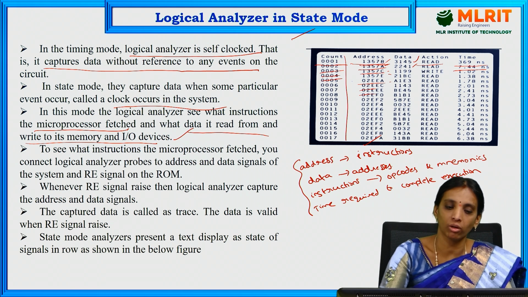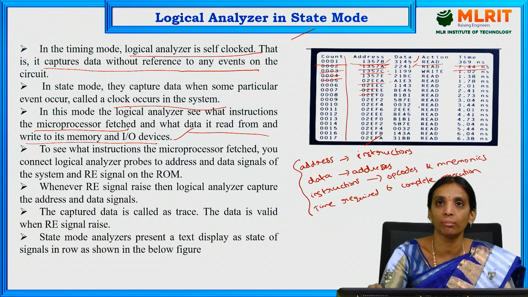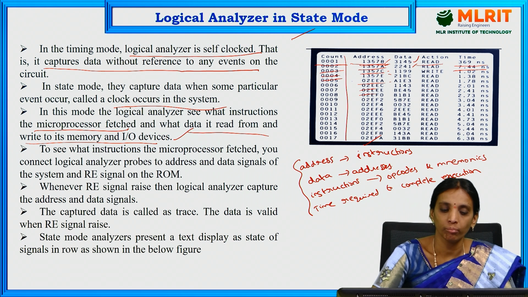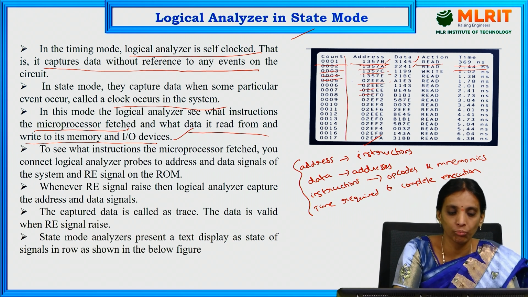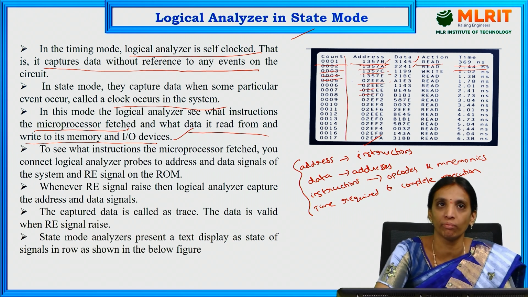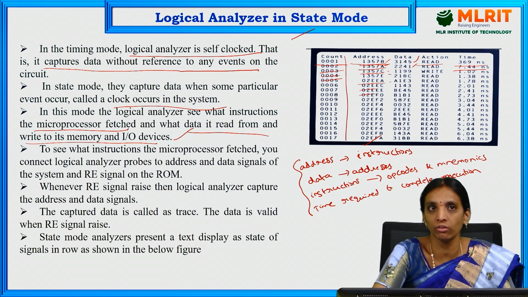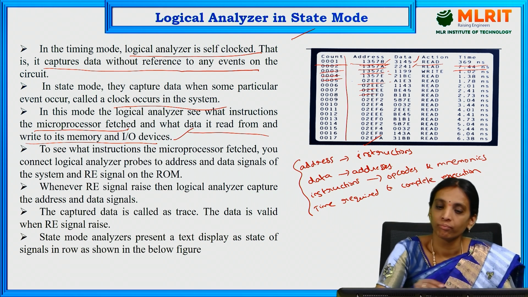Here the logic analyzer will indicate what instructions the microprocessor has presently fetched and executed, and what the data is, whether the data processing is through an IO device or through the memory. To see what instructions the microprocessor fetched, we need to connect our logic analyzer probes to the address and data signals of the system and memory.